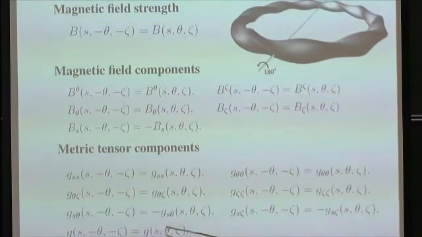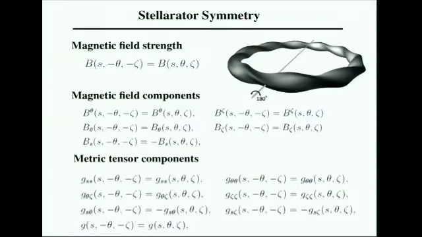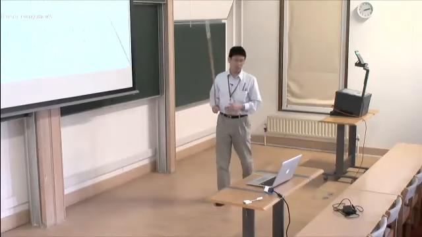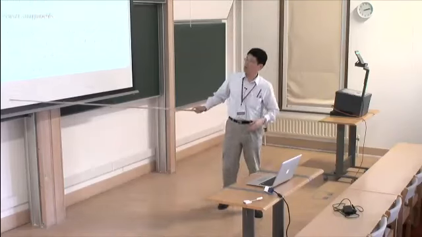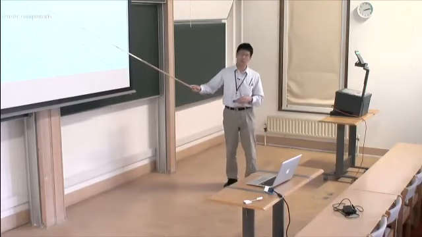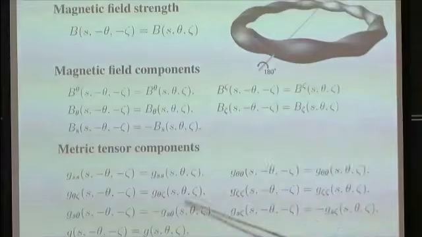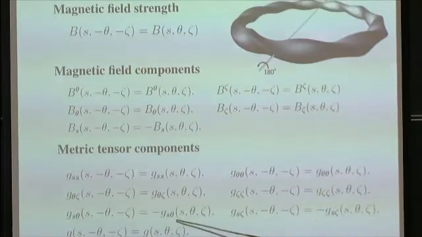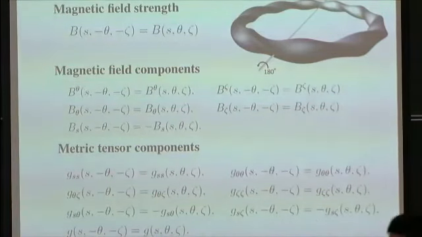If there is only an odd number of toroidal angles in the subscript, that is always an odd function of theta and zeta. Also, G, the determinant of the metric tensor, is a symmetric function of theta and zeta.